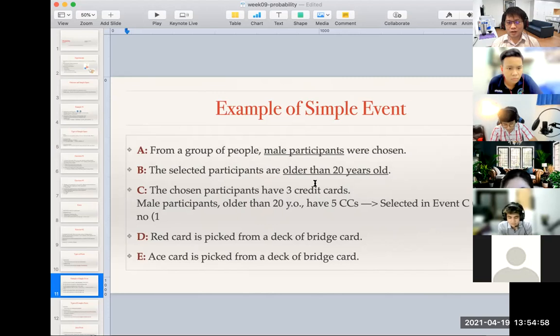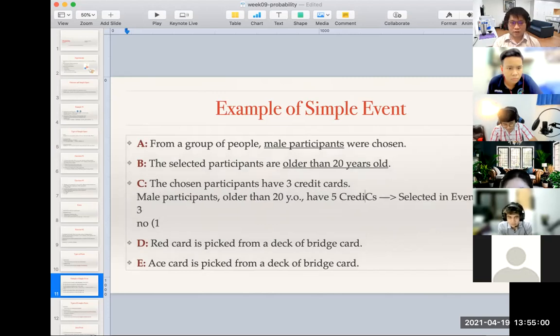Right. CC means credit card. So will you choose yes or no? There's a possibility to get chosen. It means yes, right? Yes, sir. Okay. So all the male students say yes.